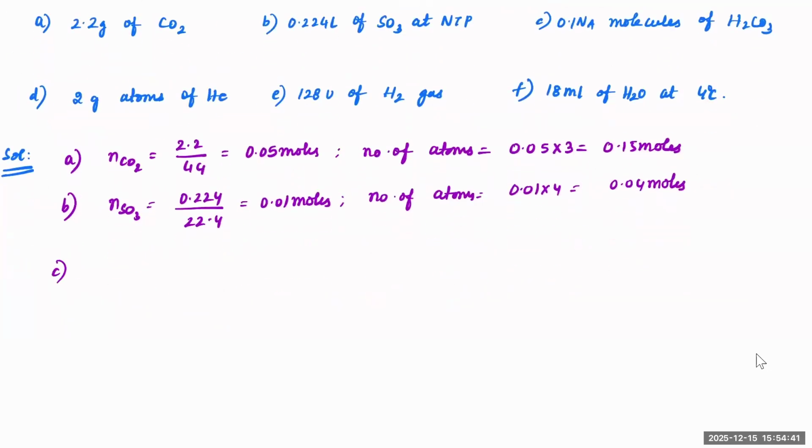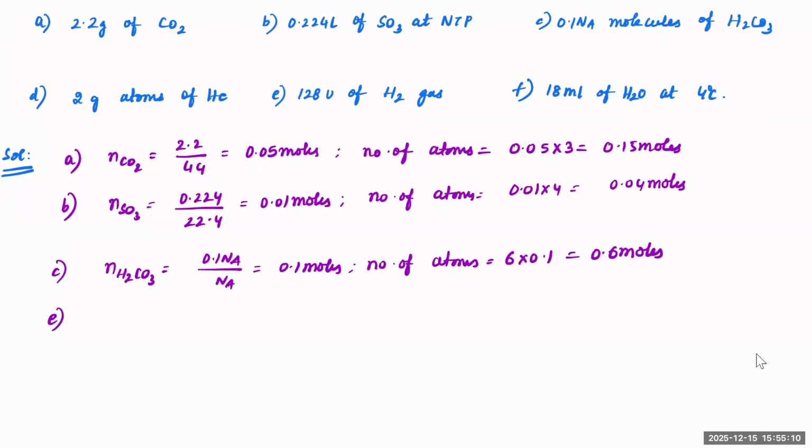Next, the number of moles of H2CO3 will be equal to 0.Na by Na, which makes it 0.1 moles. The number of atoms present in it: you can see 6 atoms in H2CO3, so 6 into 0.1 makes it 0.6 moles.